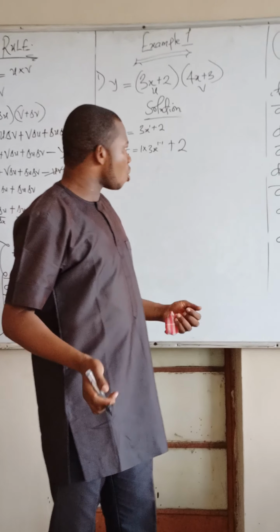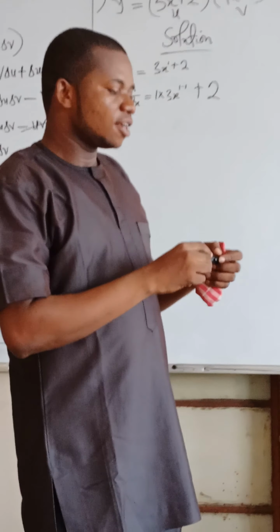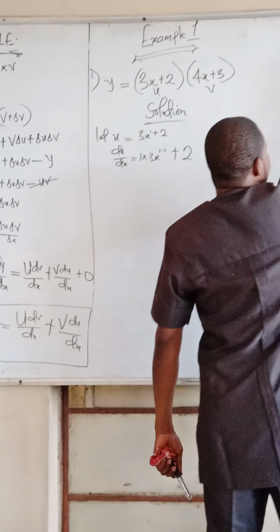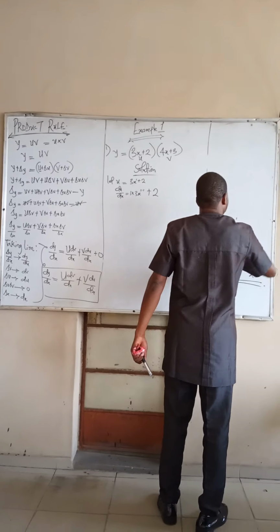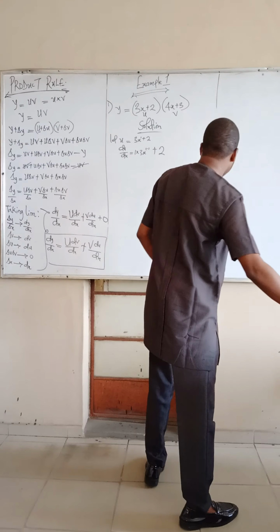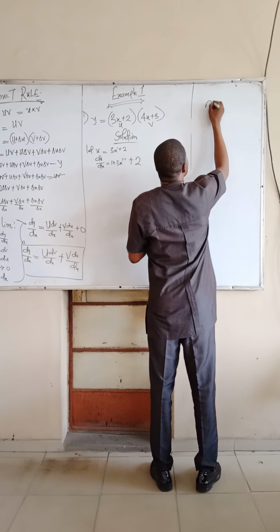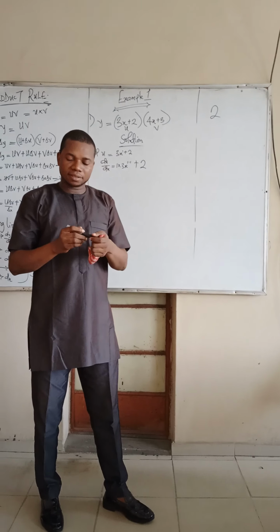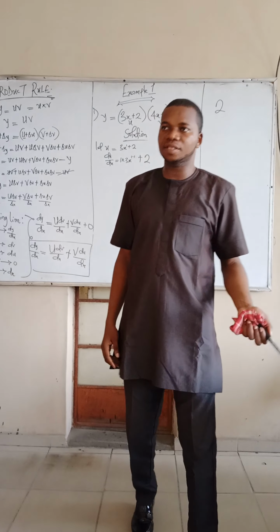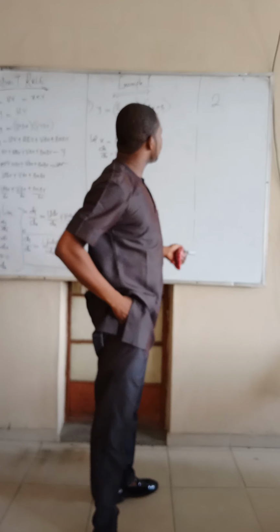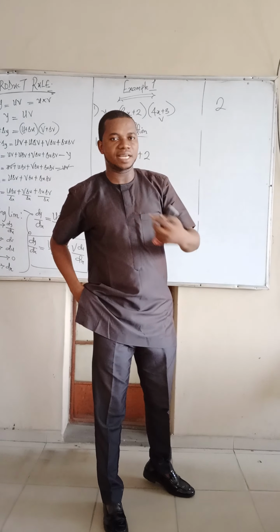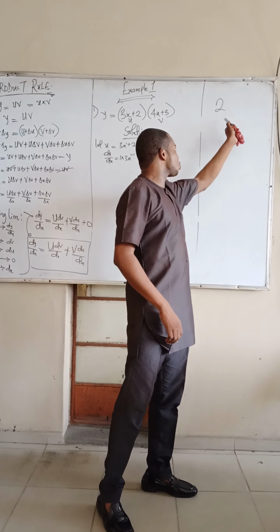But I still want to show us why a constant is always 0 in differentiation. This 2, for a layman, all he can see here is just 2. Nothing more, nothing less. But a mathematician will look at this and say, all you see is not all there is. There is more to this.